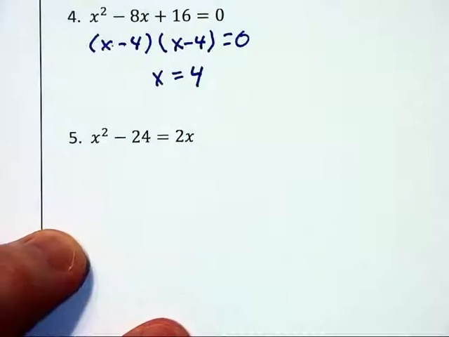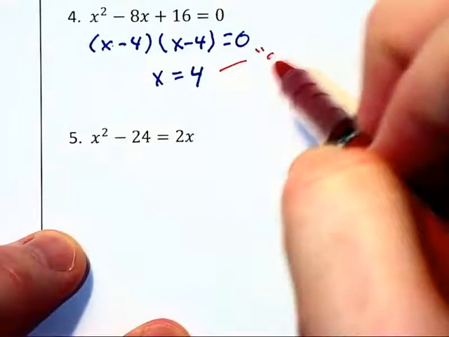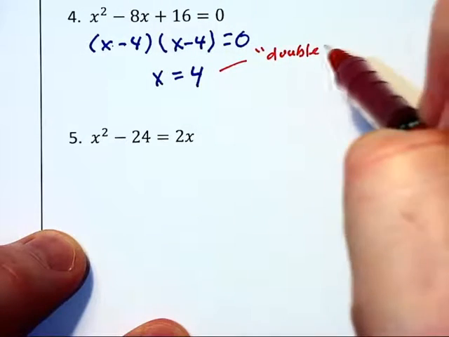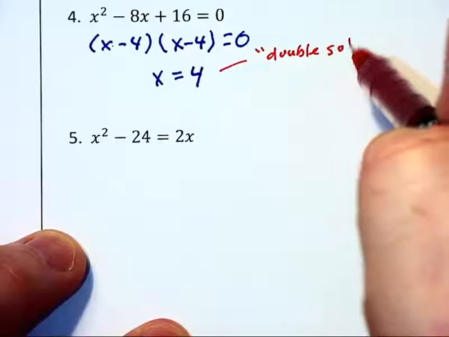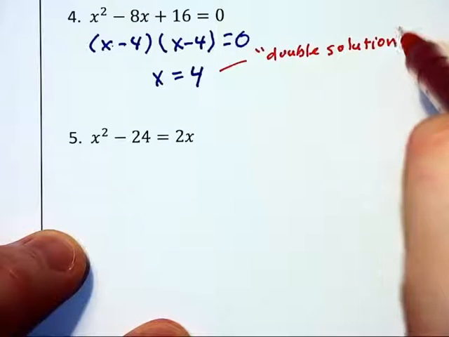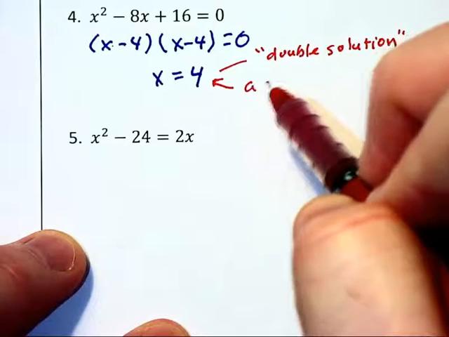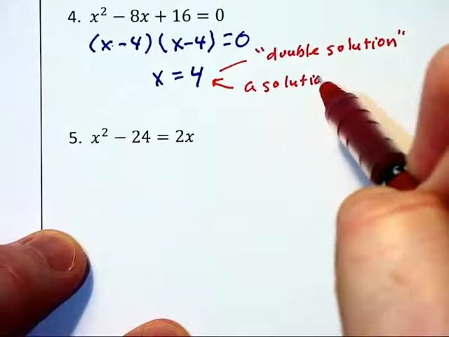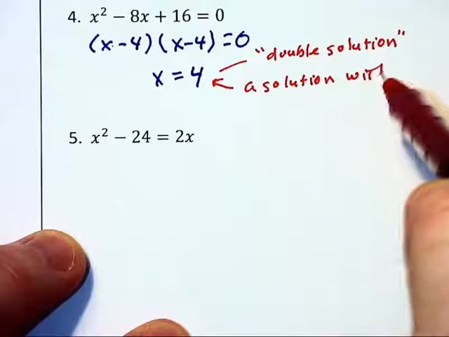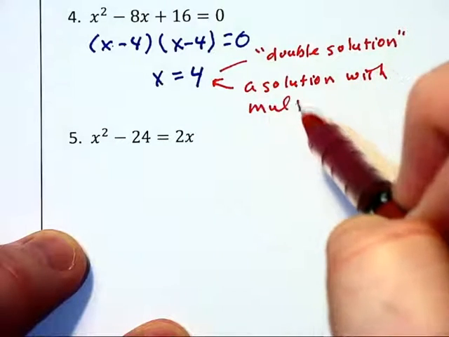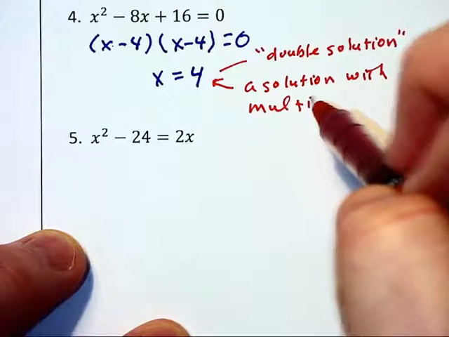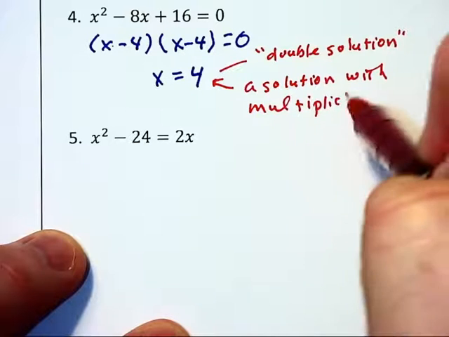Sometimes this is called a double solution or a double root. It just depends upon the vocabulary you're using, but we also say that this is a solution with multiplicity 2.